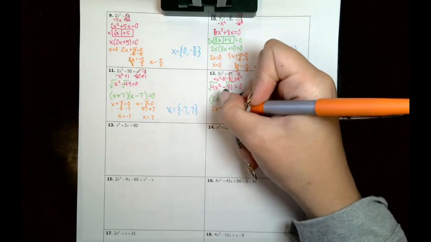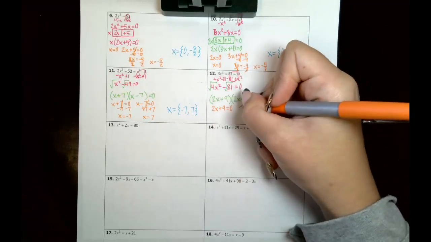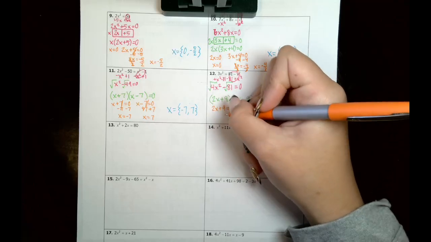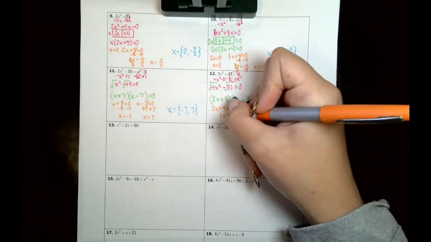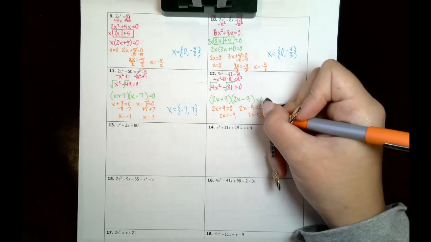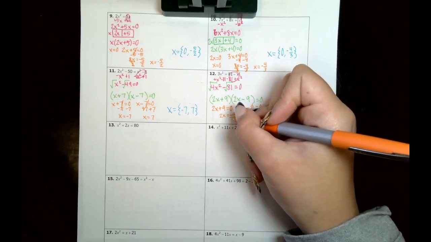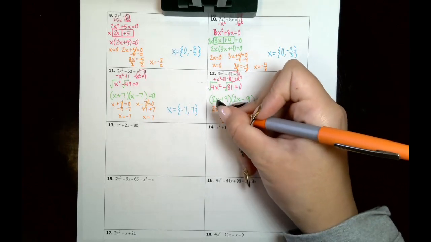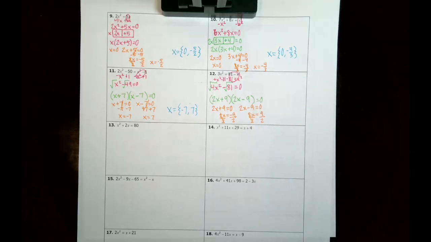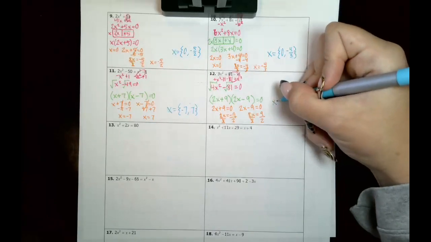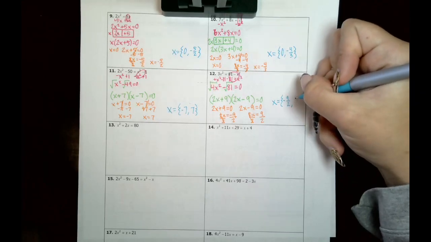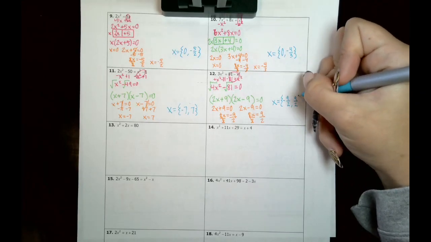So 2x plus 9 equal to 0, and 2x minus 9 equal to 0. So we need to subtract 9, so we're going to have 2x equals negative 9. We're going to add 9, so 2x equals positive 9. Divide both sides by 2. So our solution set is going to be x equals negative 9/2 and positive 9/2.